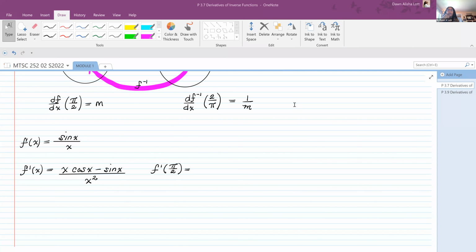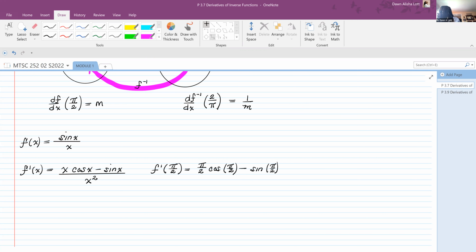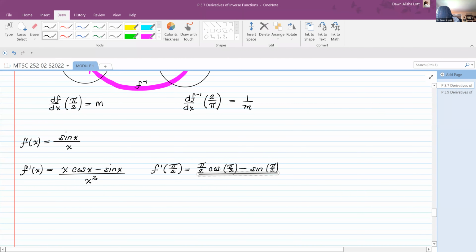All right, so what's f prime of pi over 2? It's pi over 2 times the cosine of pi over 2 minus the sine of pi over 2, divided by pi over 2 squared.